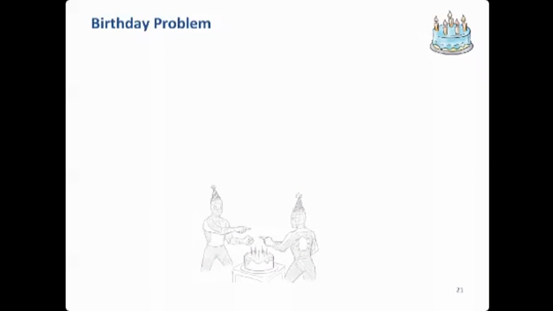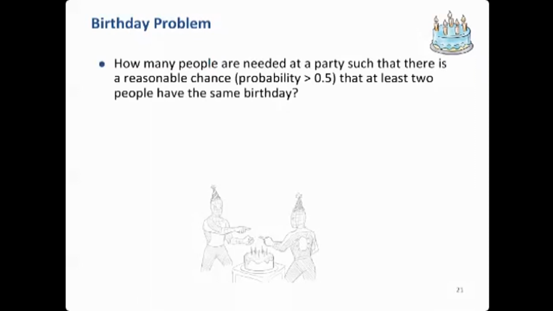What should the class size be such that at least 2 people have the same birthday with probability greater than half? Any guess? Sir, around 76. Around 70. Okay, good, very close to the answer.